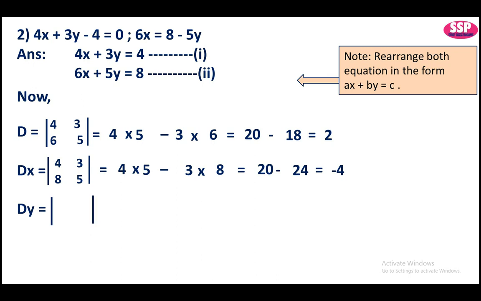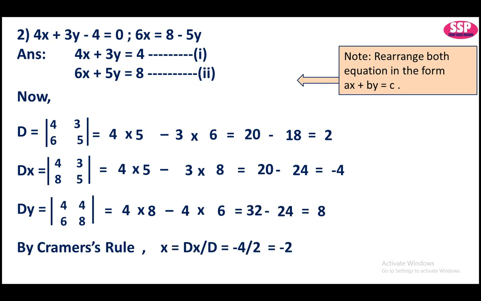Next determinant dy is equal to, keep x coefficient as it is, and instead of y coefficient we have to write the constants c1 and c2. We get 4 into 8 minus 4 into 6 is equal to 32 minus 24 is equal to 8.